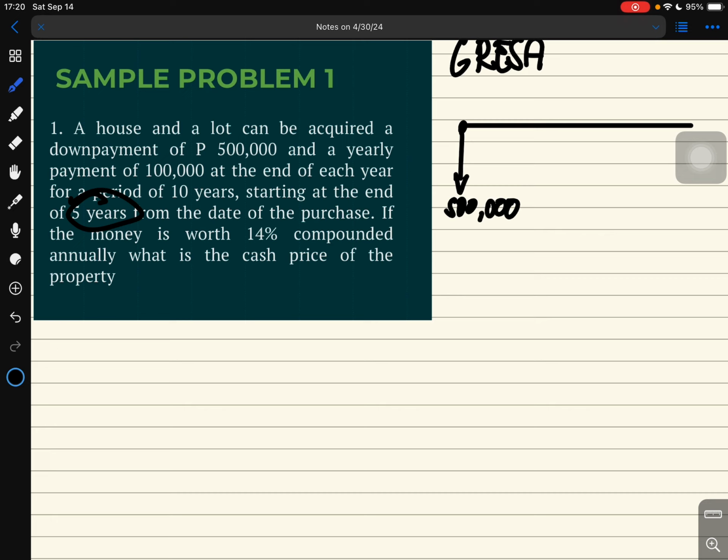For the first 5 years, you are not paying; you only pay starting at the 5th year. So at 5 you have an annuity, then at 6 you have an annuity, at 7 you have an annuity, at 8 you have an annuity, and so on and so forth, until it reaches what number?